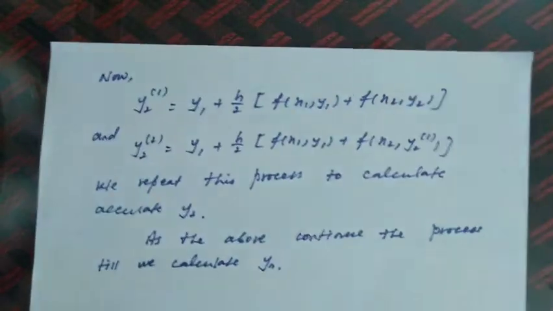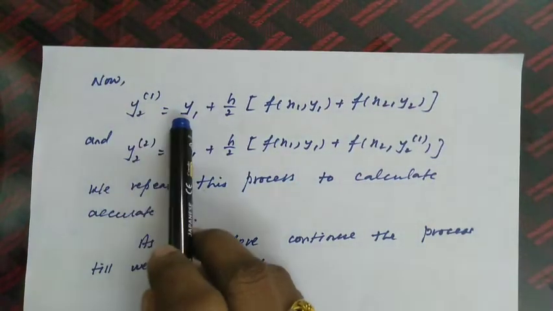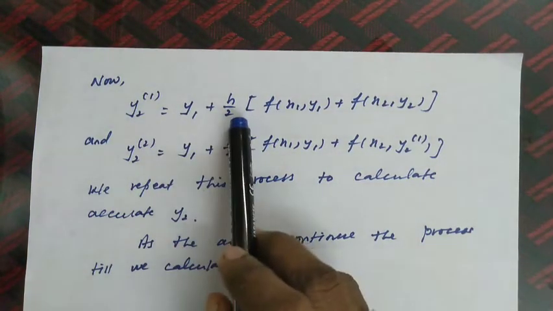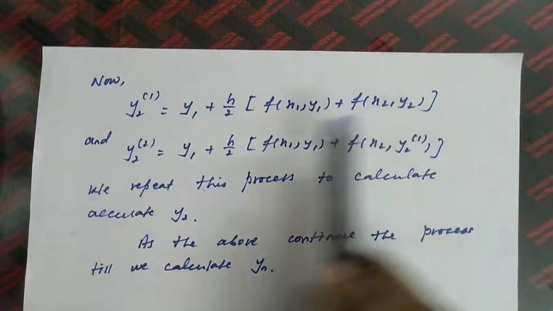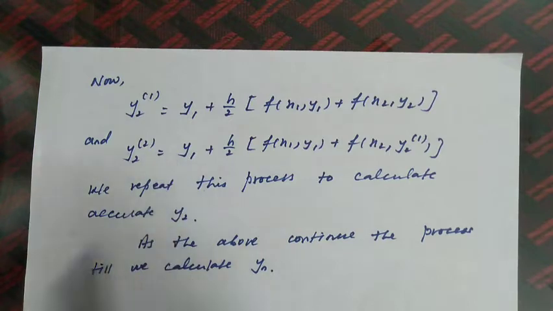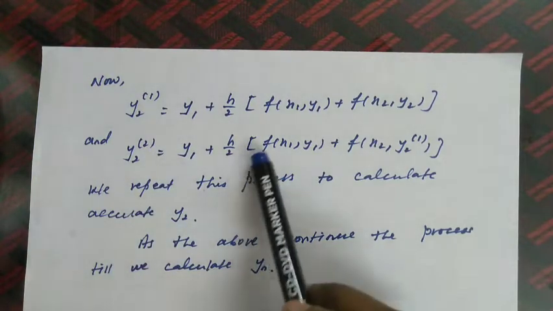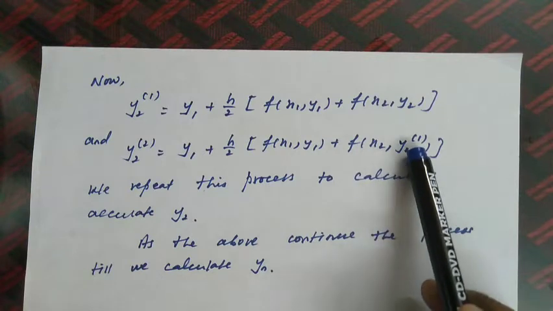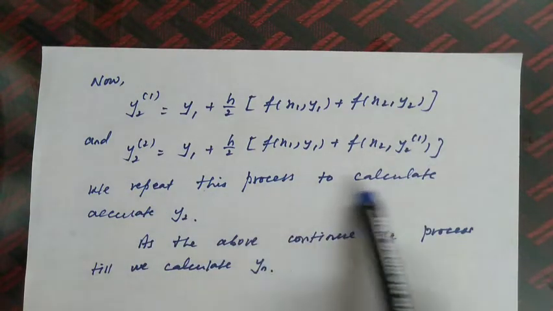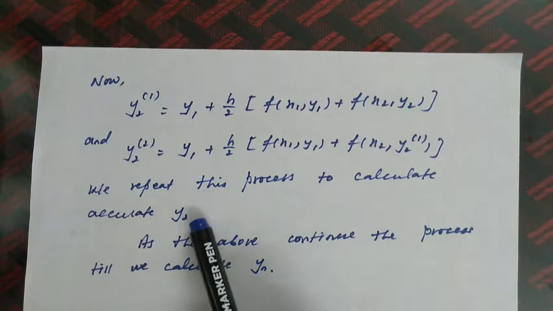Now y2 of 1 equals y1 plus h by 2 into f of x1 y1 plus f of x2 y2, and y2 of 2 equals y1 plus h by 2 into f of x1 y1 plus f of x2 y2 of 1. We repeat this process to calculate an accurate y2.